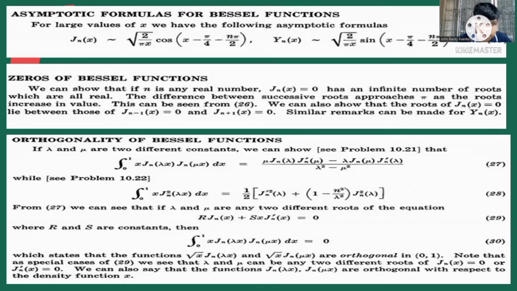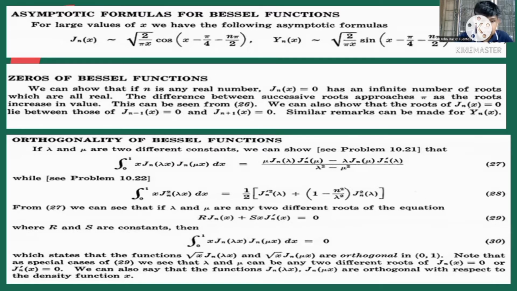Makikita daw natin dito na sa 27 yung unang given is yung if lambda and mu are any two different roots of the equation, therefore r j sub n x plus x j sub n x is equals to 0, where r and s are constants.